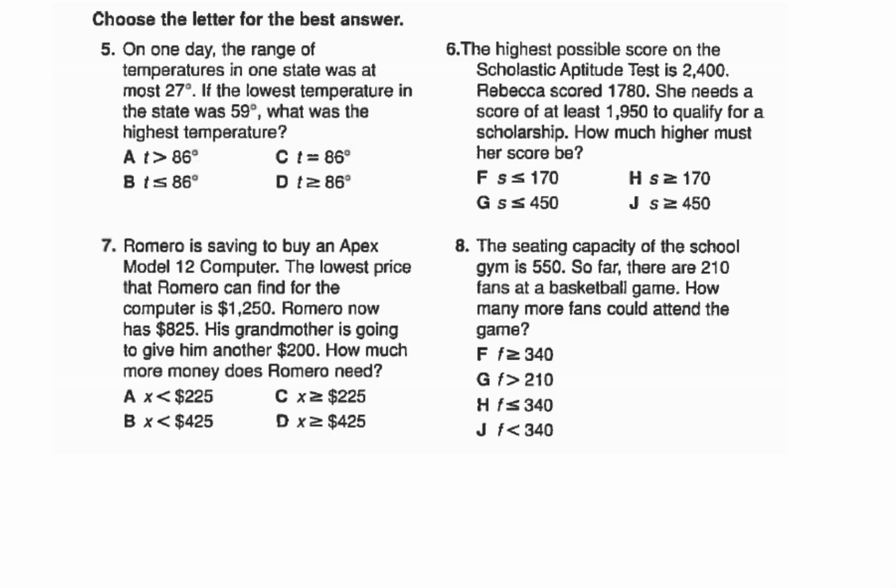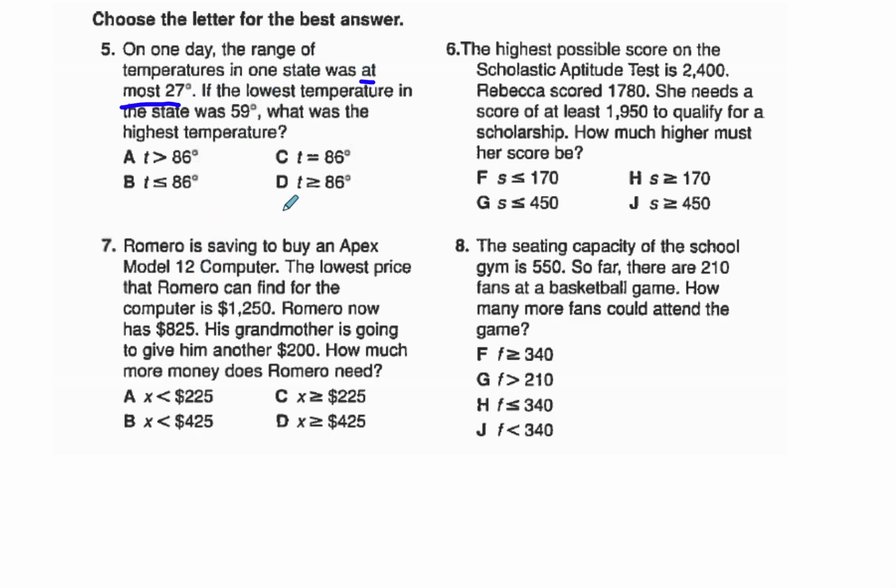So number 5 says on one day the range of temperatures in one state was at most 27 degrees. If the lowest temperature in the state was 59, what was the highest temperature?